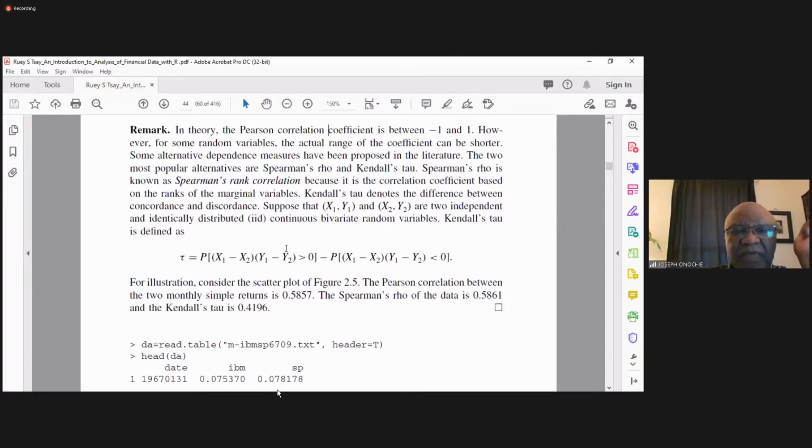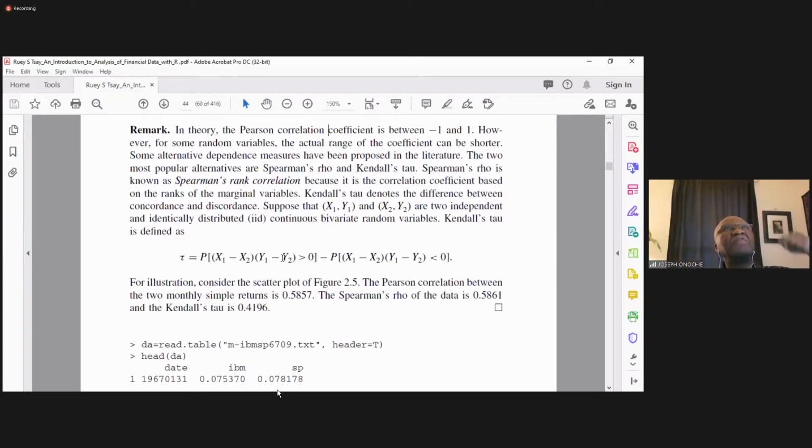That's X, IBM. Microsoft or S&P 500 is Y. We're not using S&P 500 returns, we're using the ranks. Maybe in June, S&P 500 gave us the largest return for the year, so June would be rank number 1, and so on. Concordant means that when you take the difference between two ranks for IBM, it is in the same direction as the difference between two ranks for the other asset.